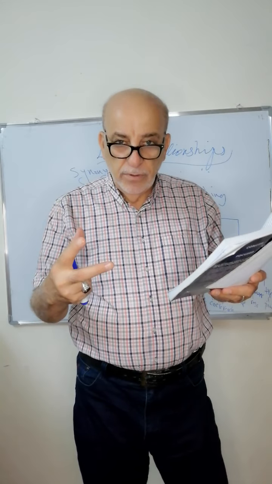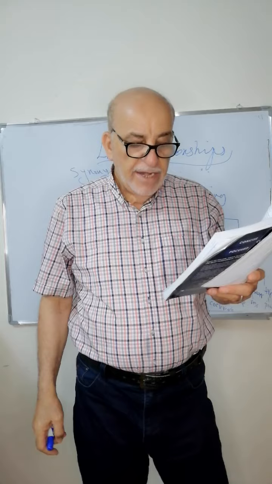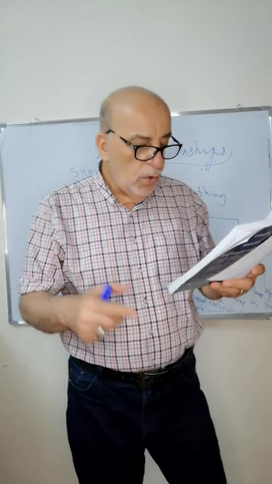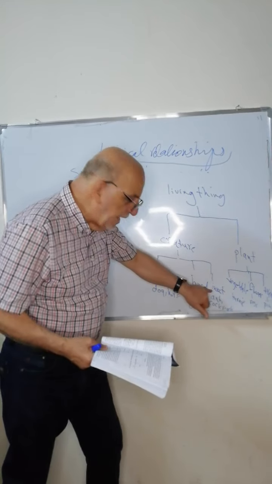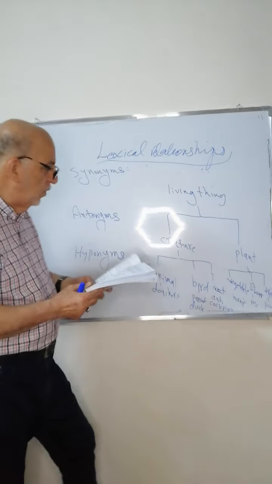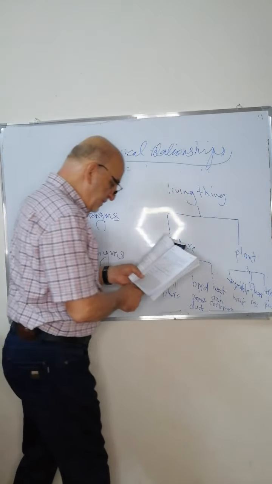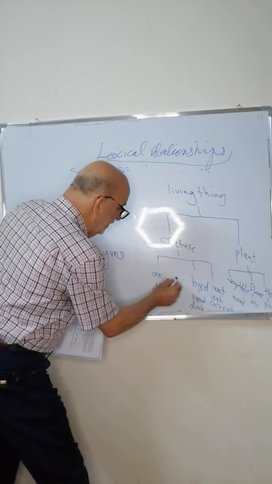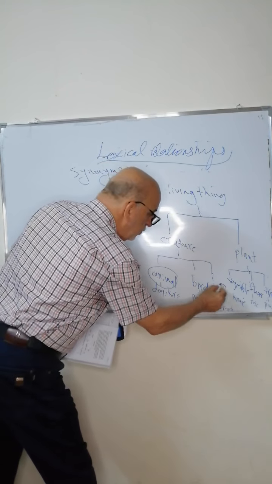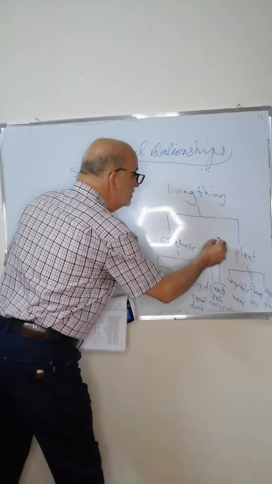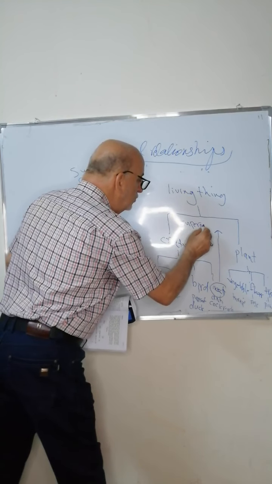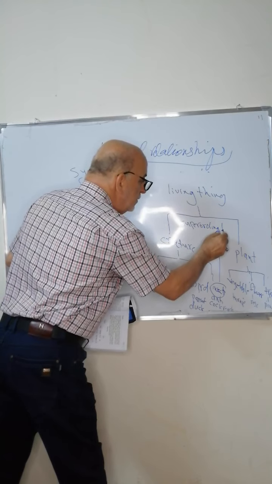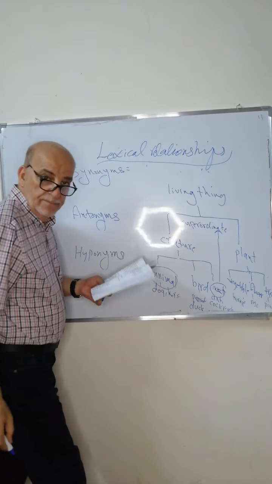In these two examples, as he says here, animal and insect are called superordinate.